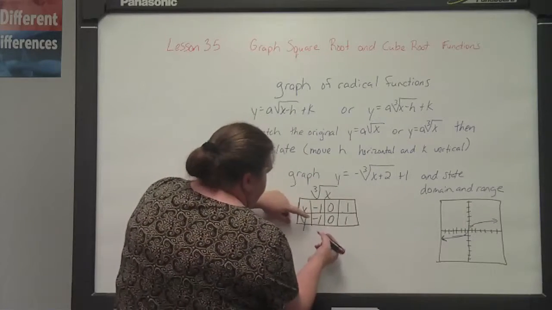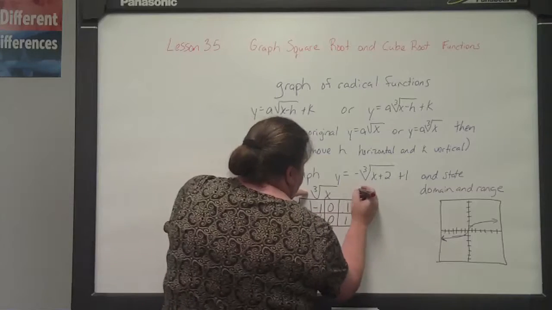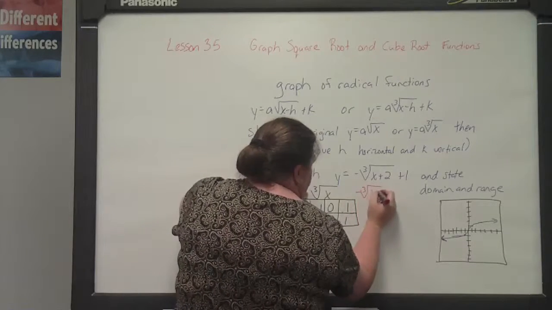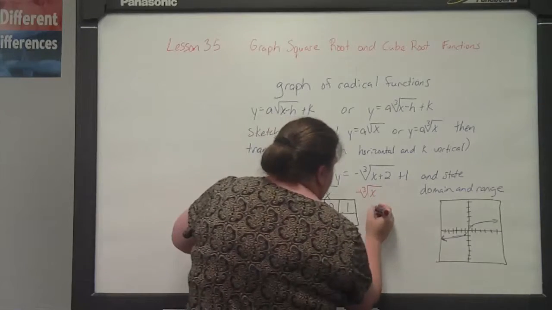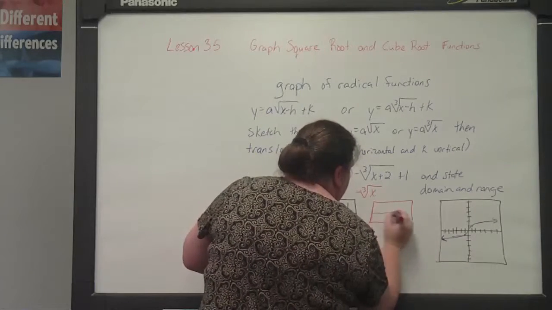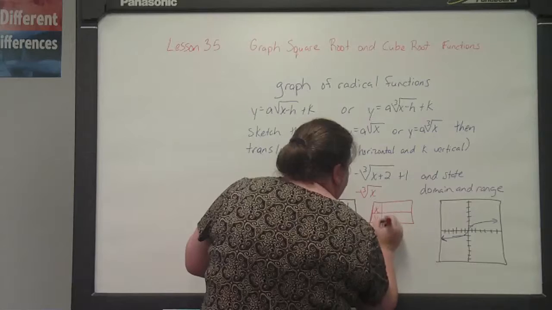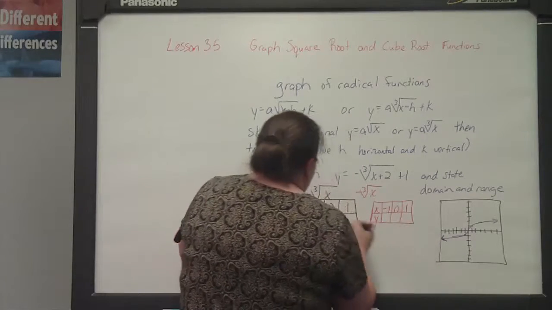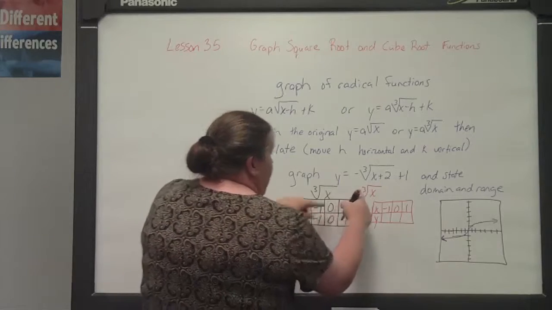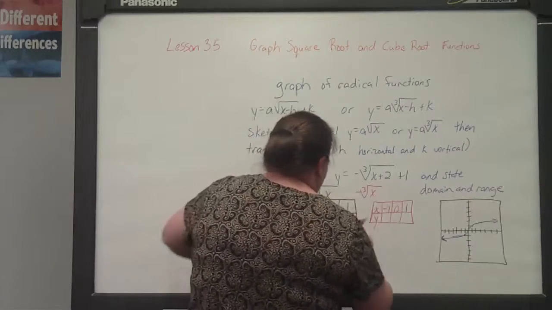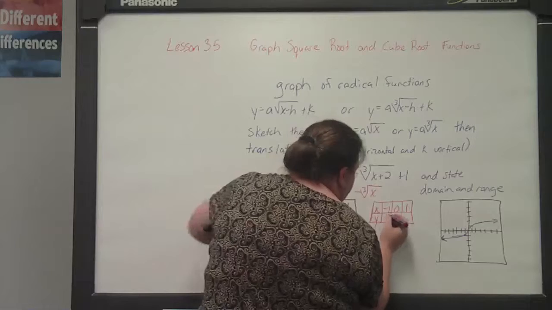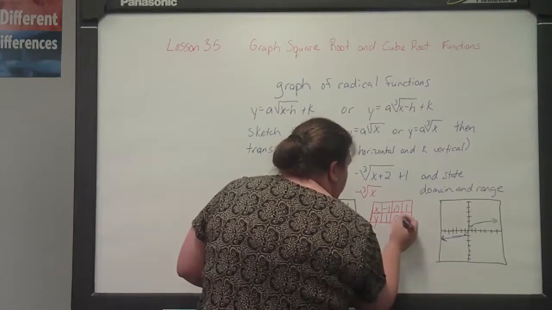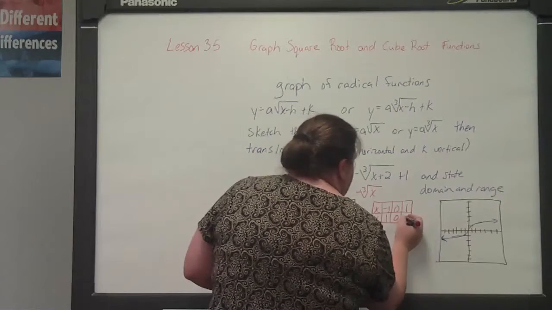And what that means is when I make this into a negative cube root of x, that means that my xy table for a -1, 0, and 1 is now, this was a -1, but then we have to multiply it by -1, so we have just 1, and then 0, 0, and then this one gives us a -1.